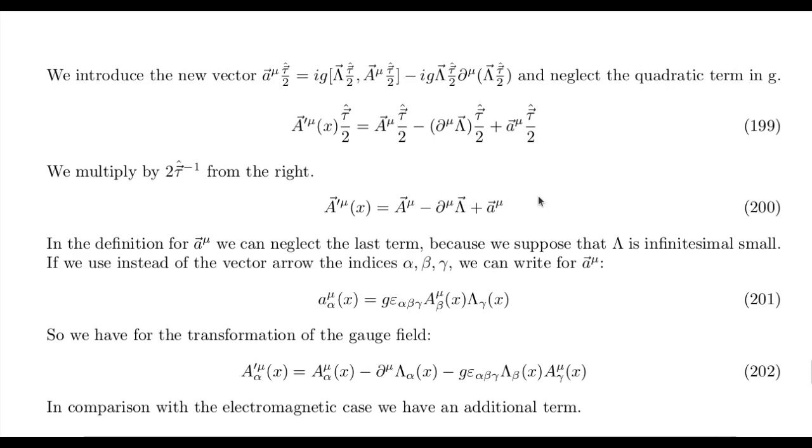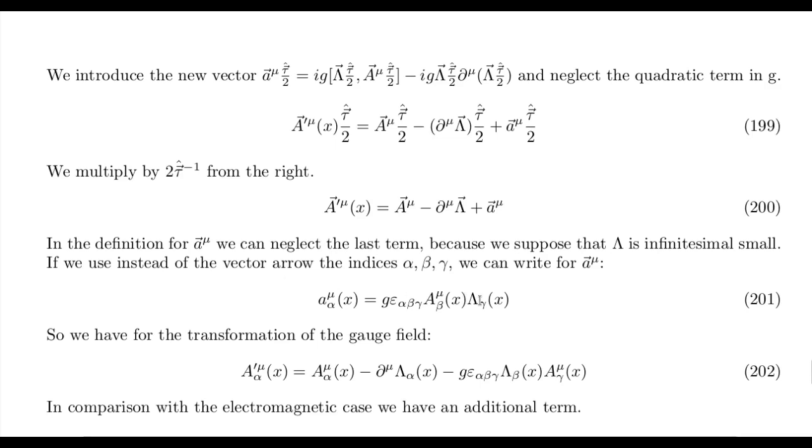Then we suppose that the lambda parameter is infinitesimally small. And so we have here in the second part of the a vector 2 lambdas. We can neglect this term then. And we write, instead of the vector arrow, now indices alpha, beta, gamma, and so on. That means we write for a this.